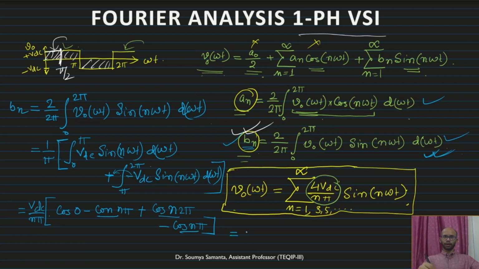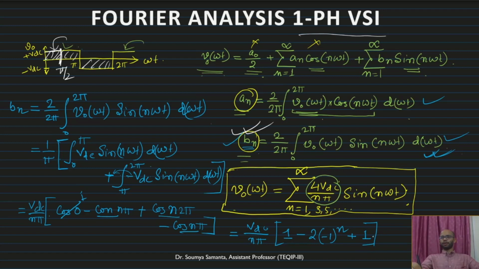So this one can be written as VDC by n pi. This one will be 1, so this is 1 minus twice into minus 1 to the power n, plus 1.